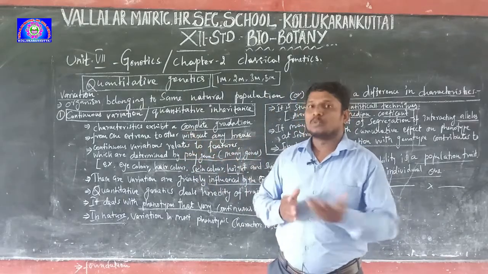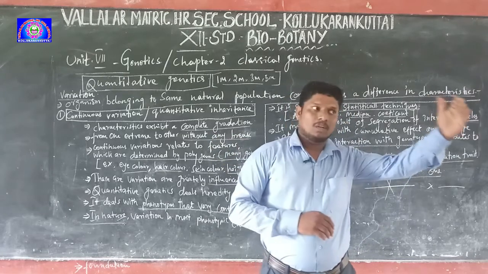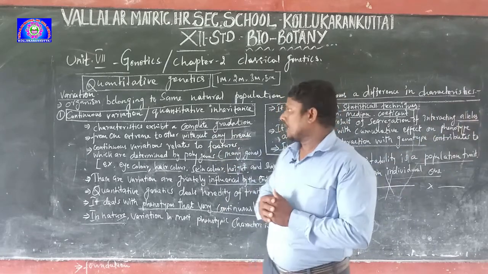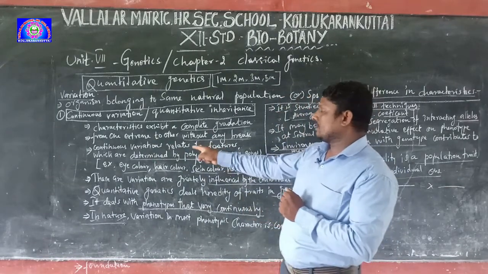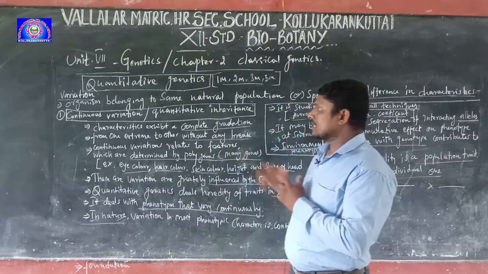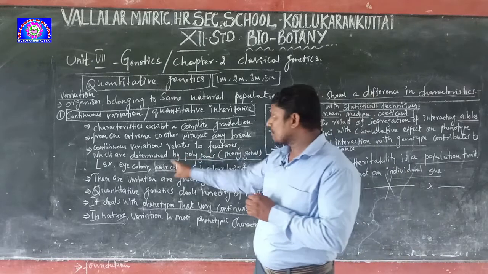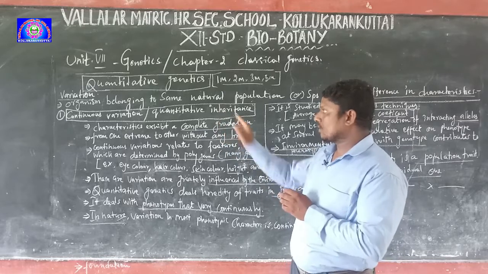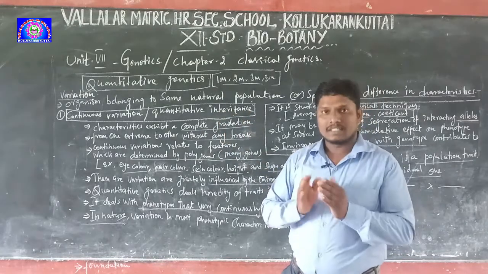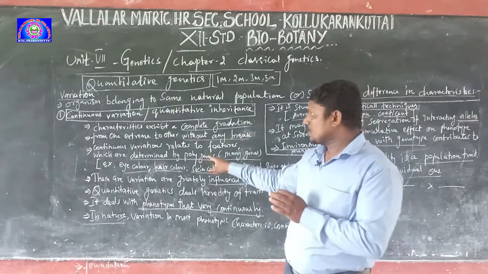For example, human colors from white to black. And the third one: continuous variation relates to features which are determined by polygeny. So continuous variation, or quantitative inheritance, is determined by polygeny.